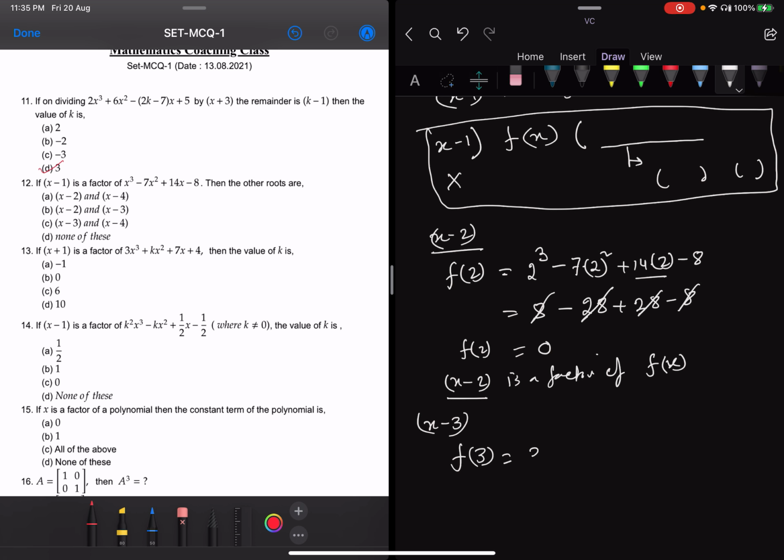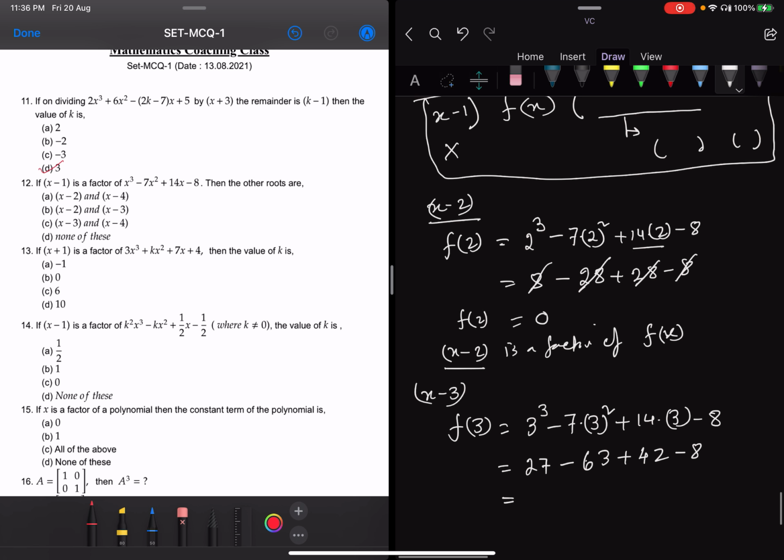Okay, f of 3 means 3 cube minus 7 into 3 square plus 14 into 3 minus 8. What will it be? It is 27 minus 63 plus 42 minus 8.